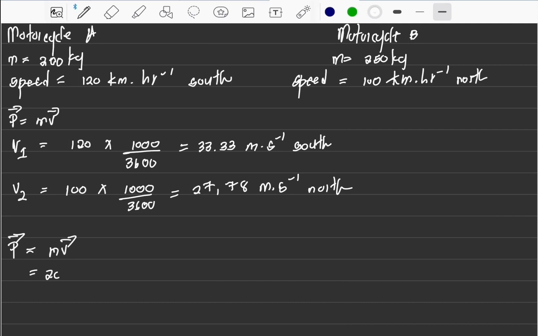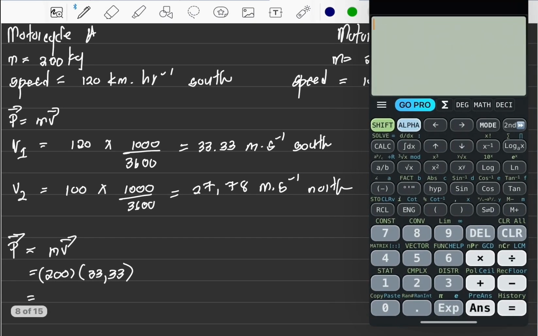Our mass is 200, and the velocity we just calculated is 33.33. So 200 multiplied by 33.33 is equal to 6,666 kilograms meters per second. To which direction? South.